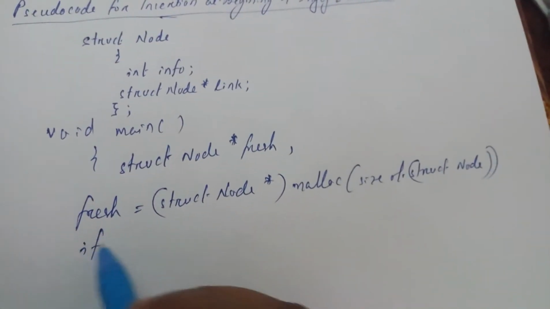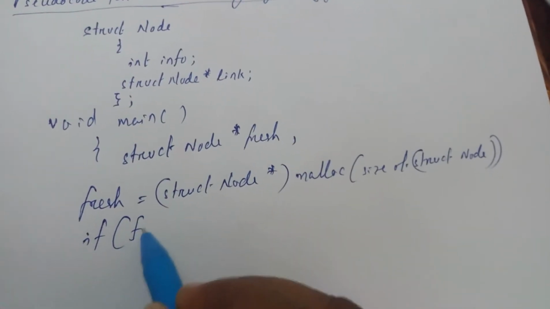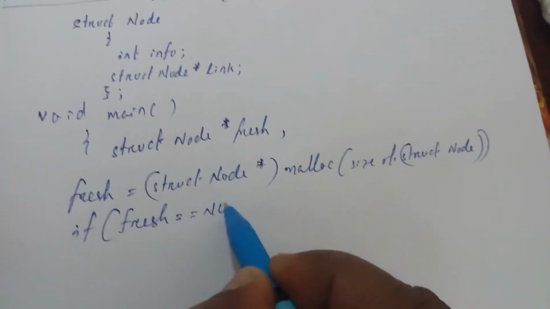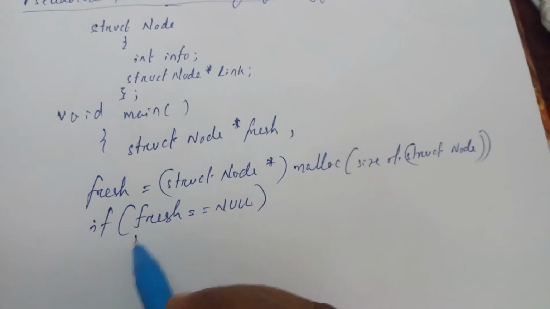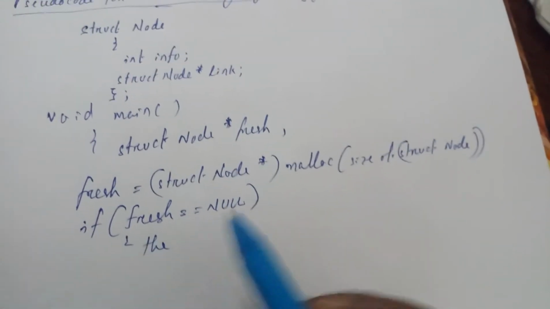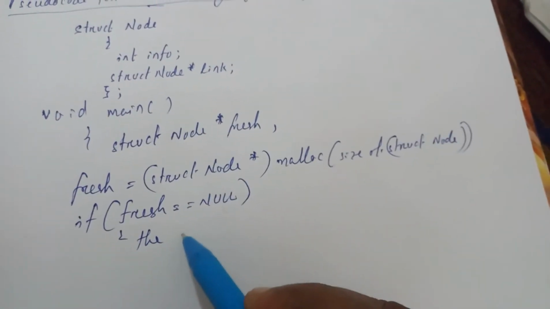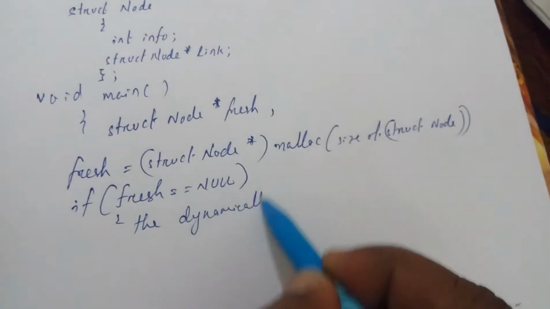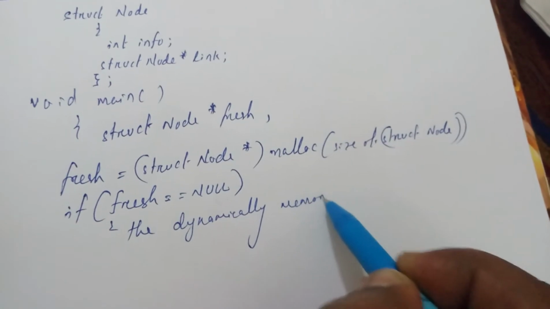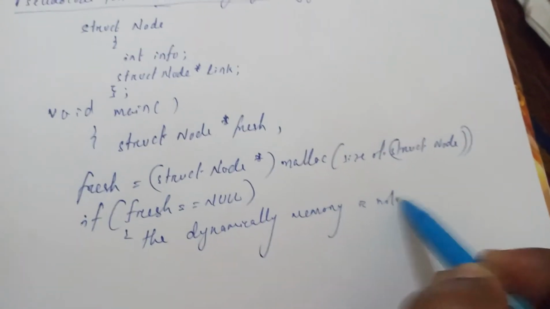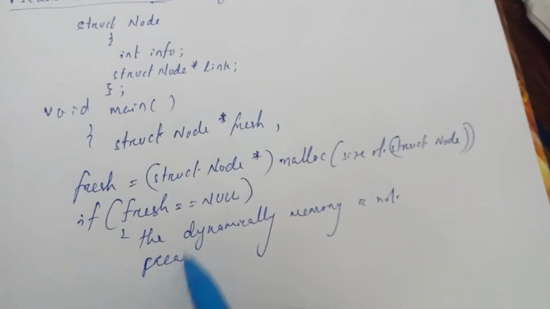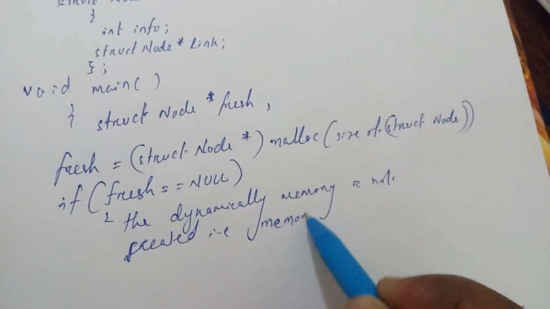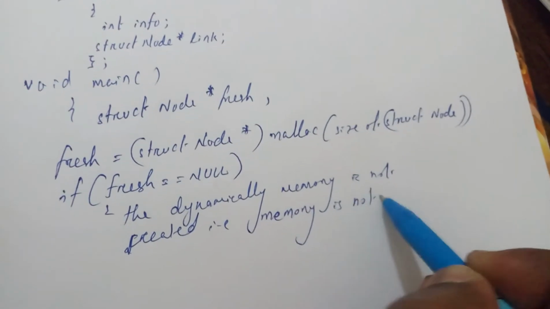After that you have to check whether the memory is dynamically allocated or not. You have to check the phrase value. If phrase equals to null, that means the memory is not created, that is, memory is not sufficient.